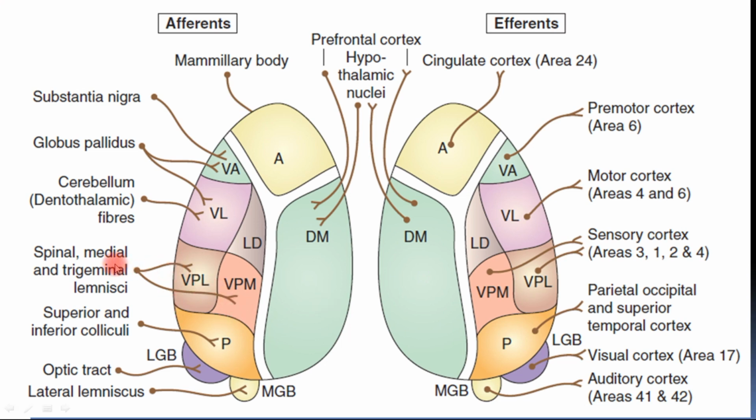Now once the neurons come here, they synapse to the cell body, which gives rise to the axons, which go to the somatosensory cortex, that is area number 3, 1, 2 and 4. So this is the relay center. The ventero-posteromedial and ventero-posterolateral nuclei are the relay center for sensations like pain, temperature, crude touch, fine touch and proprioception.